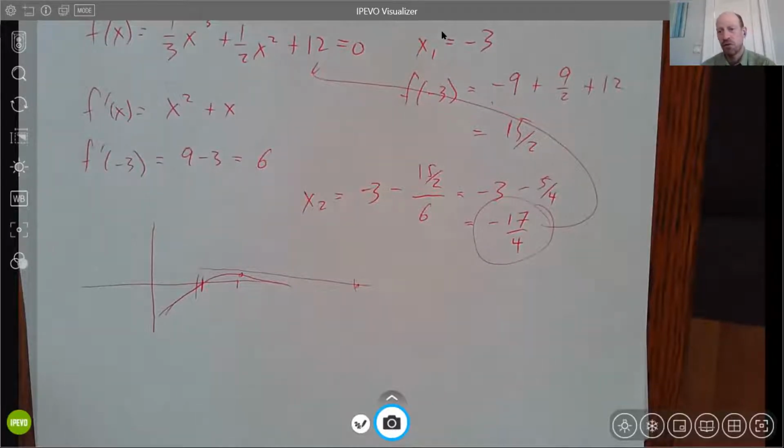Once you understand how the process works, you could use Newton's method 100 times if you had to. It'd be a very boring waste of an afternoon, right? But you could do it. Normally we just want you to do 2 or 3 iterations, and that'll be enough. And like I said, just use a calculator on these and find the decimal and use that as an approximation.